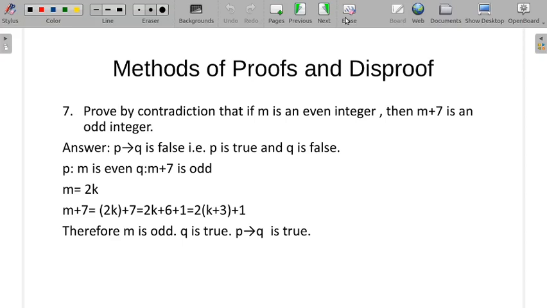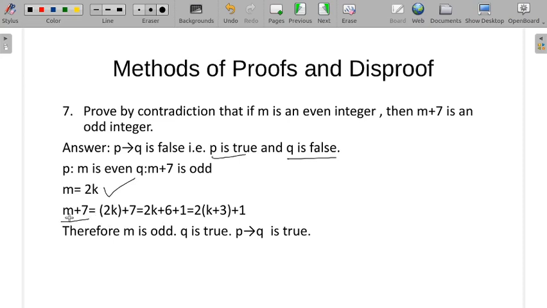Next, if m is an even integer, then m plus 7 is an odd integer. So assume that P conditional Q is false. That means P is true and Q is false. So P is true. That means m is an even integer. So m will be of the form 2k. Okay. So what will m plus 7 be?